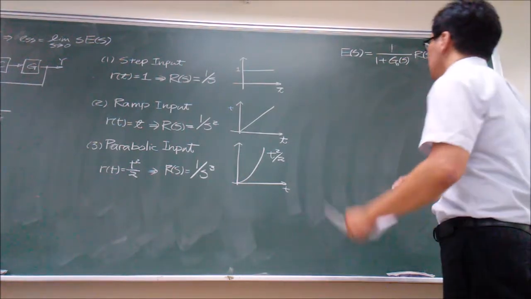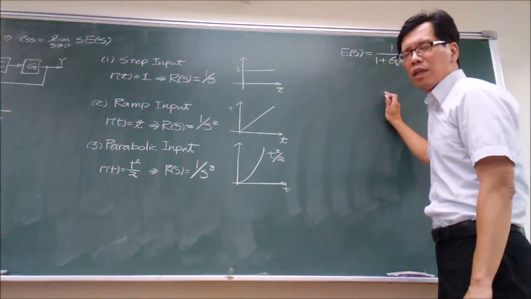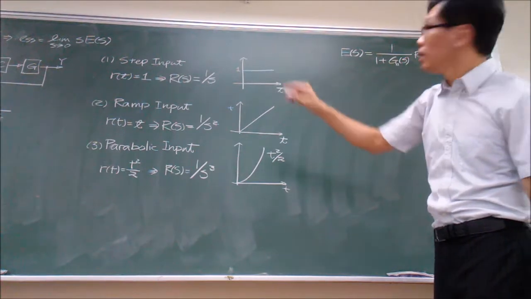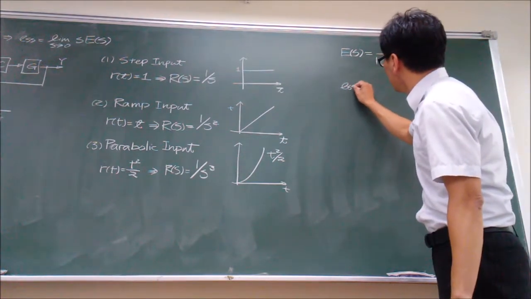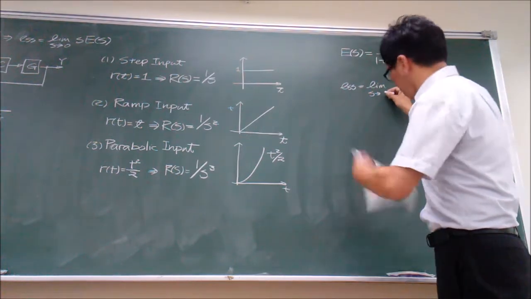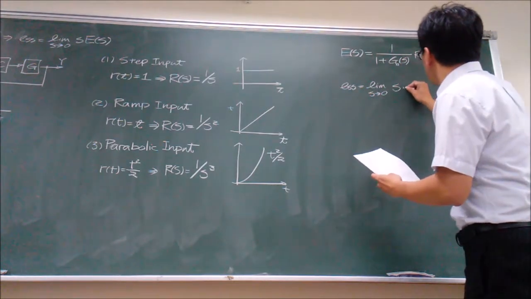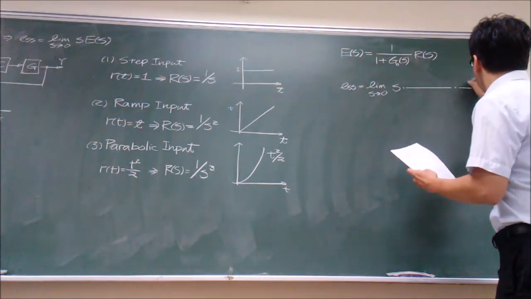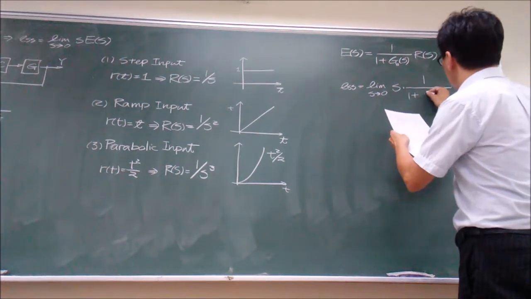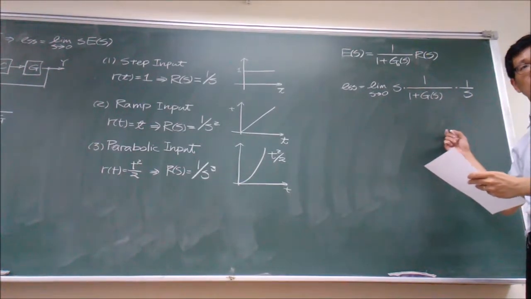So when we are doing something like this and we try to find the final value, the steady state error, what do we use? We use the final value theorem. That is going to give us nothing fancy.